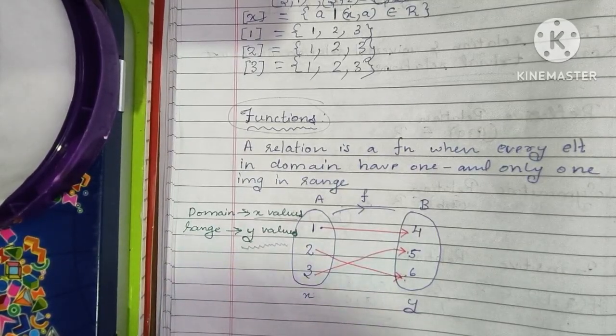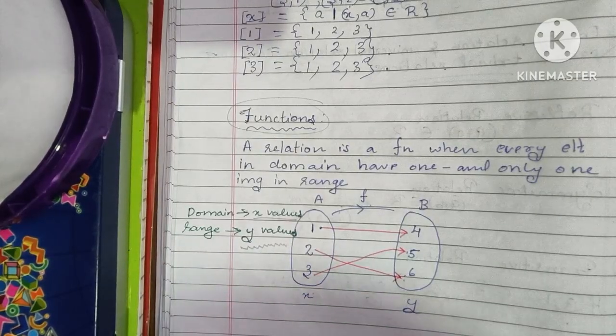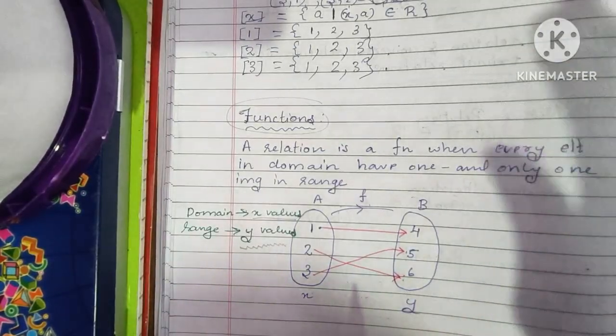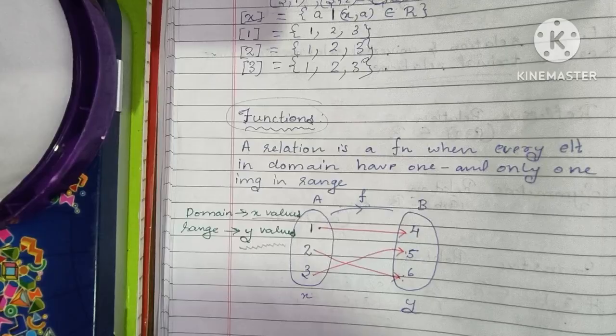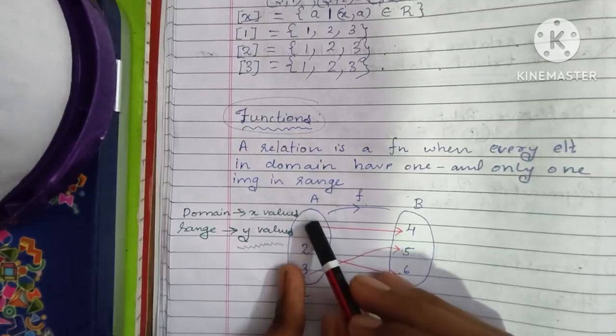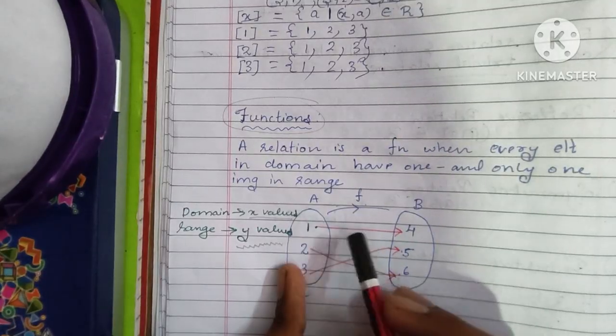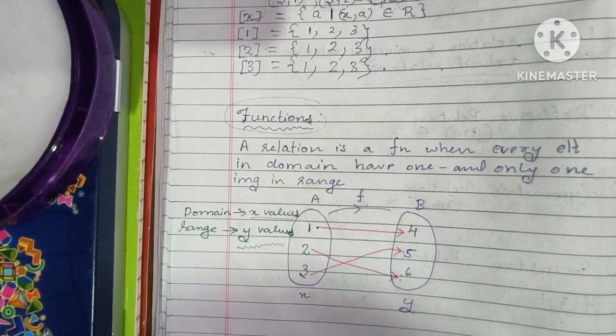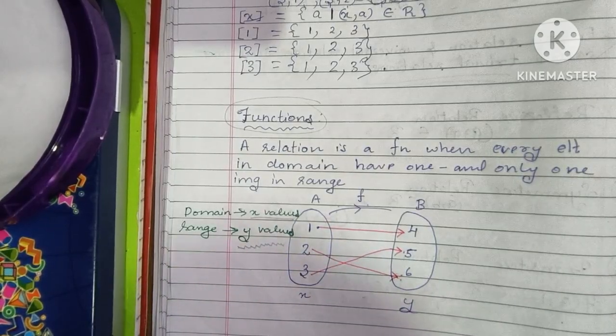In the same way, if we put in one x value, we will get only one y value, not more than one. For every one input, we get one output. Or every house has only one main door. The same way, for every different value of the domain, there is a value in the range. Okay, that is the main point. If a relation is a function, that condition must be satisfied.